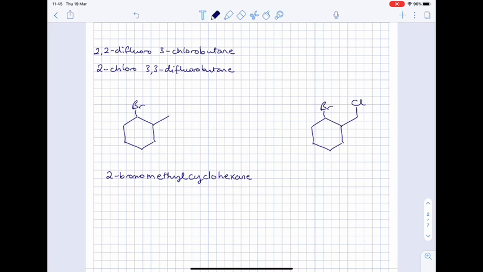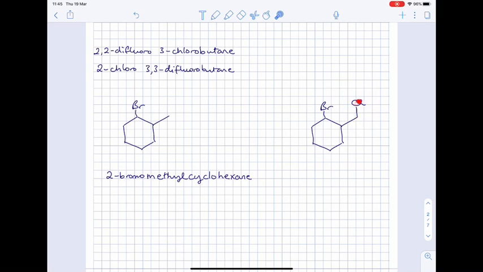Okay, one last one. So this one is going to be very similar to 2-bromo methyl cyclohexane, but instead of the methyl group, we have this group here, which is 1 carbon there, so that's basically a methyl group, but we've got a chlorine on the methyl group. So this is chloromethyl.